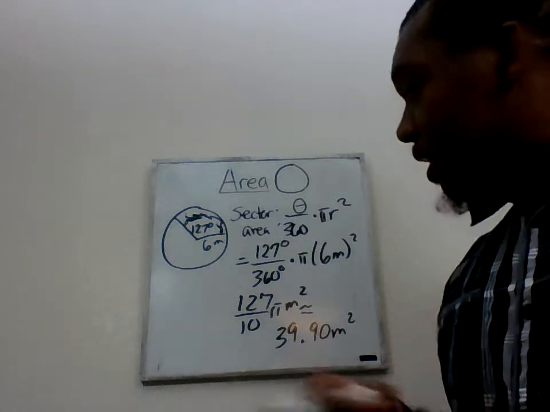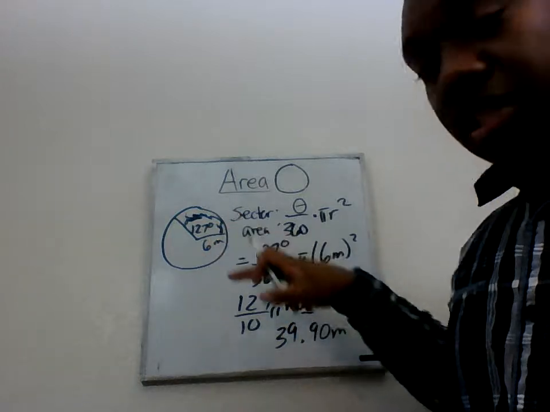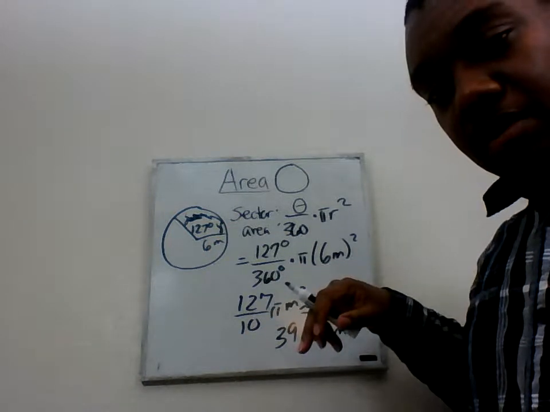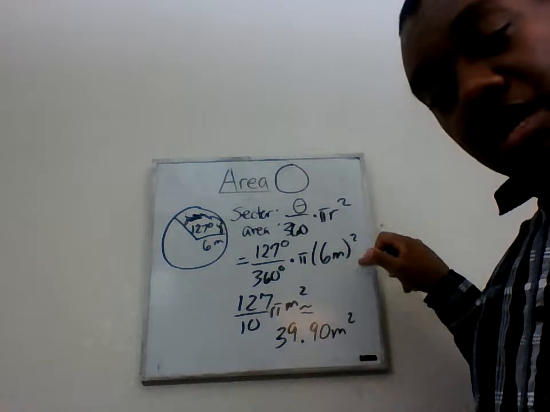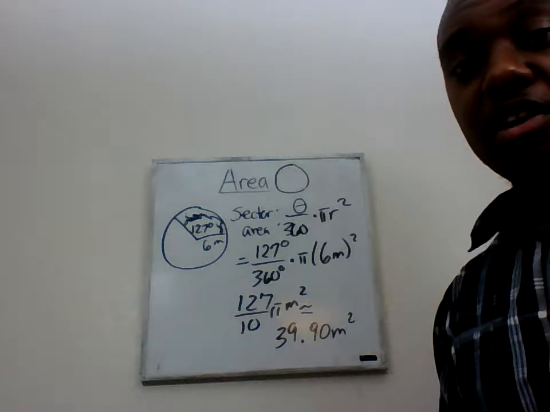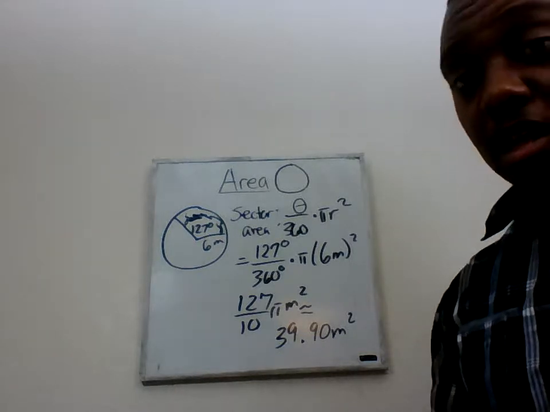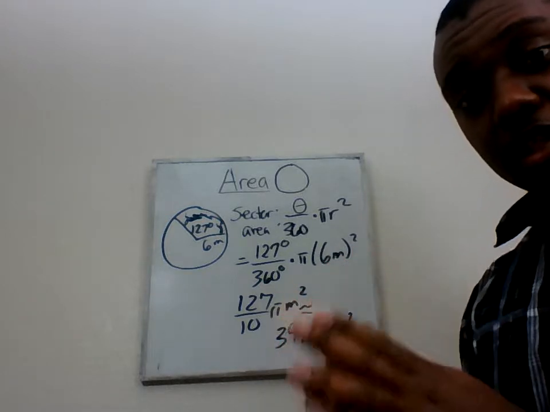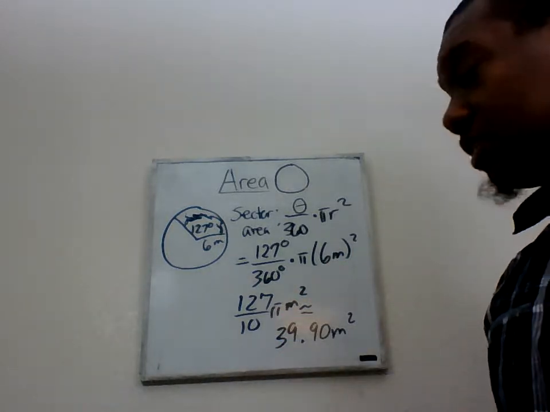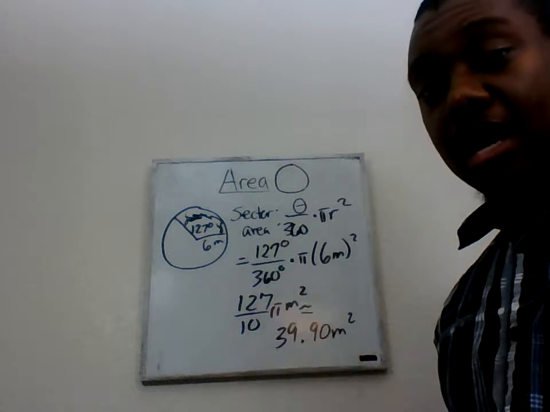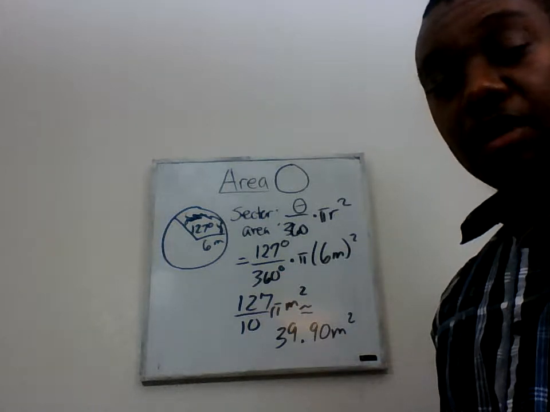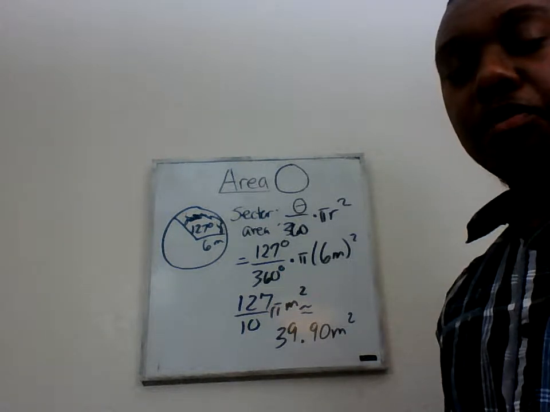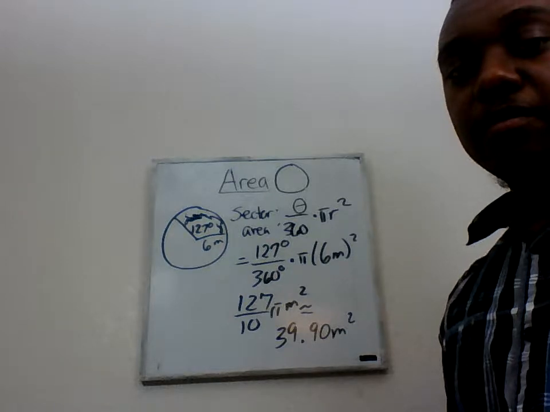And that's it. The central angle, which is given to you, divided by 360, times pi times the radius squared, because that's how you find the area of the whole circle. And that's all there is to it for sector area. You're just looking at that section, that sector of the entire circle. So find out what fraction of that you have and multiply it times the area of the whole circle. And that gives you sector area.